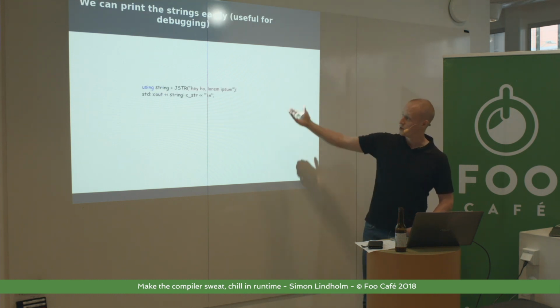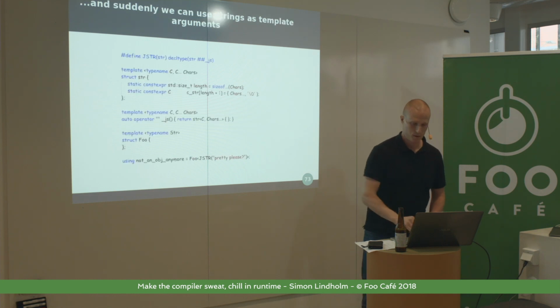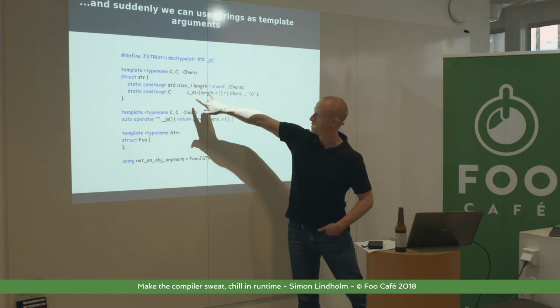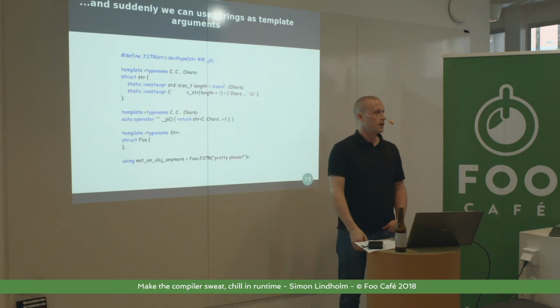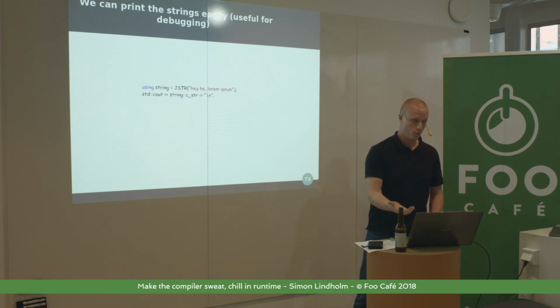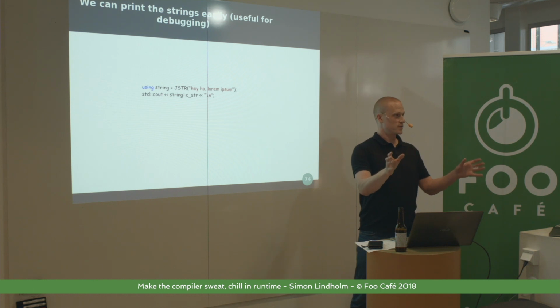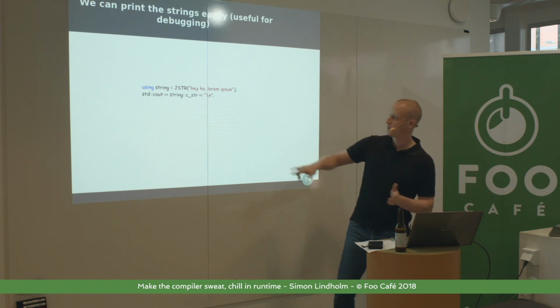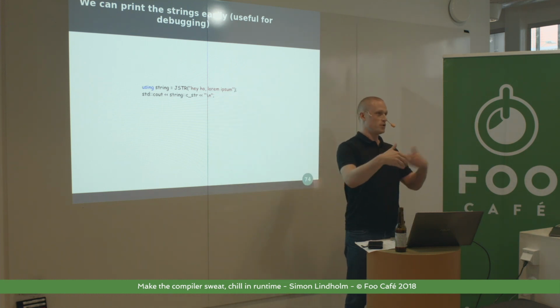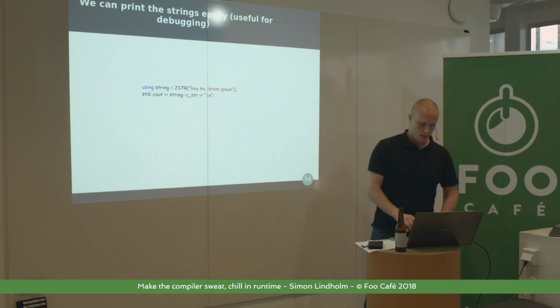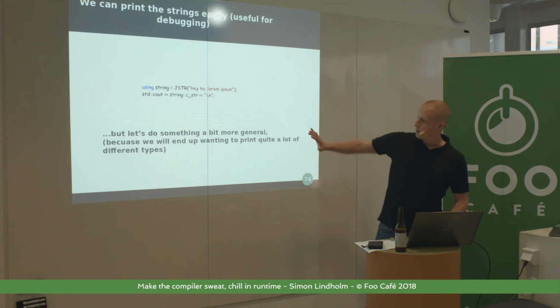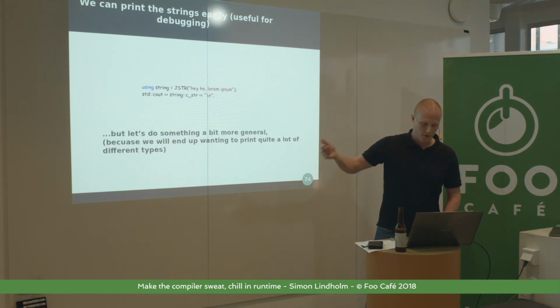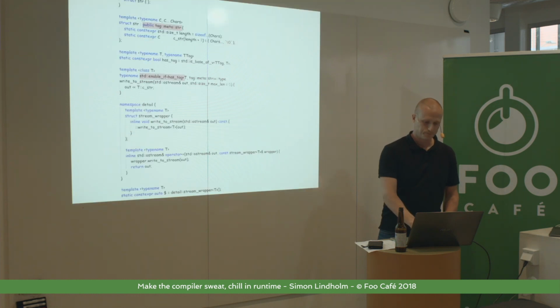And it's pretty easy to print this stuff, since we declare a static constexpr C string, so we can just print that if you want to as well. And again, with all this constexpr stuff, basically if you're not using it in runtime, it's going to just disappear. So this string only exists if you actually use it in runtime. But as I said, we have to run through some details.